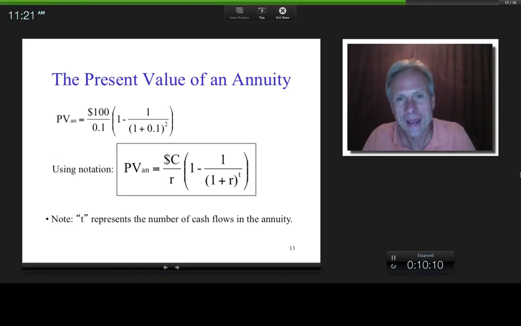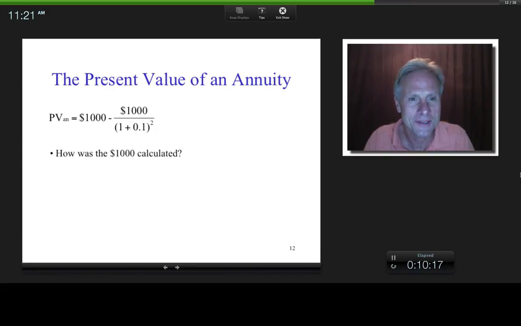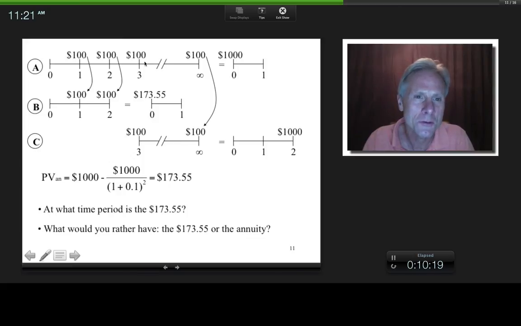Now, how are you going to convince yourself of that? Well, what you could do, let me go back a couple of slides. What you could do is take this line right here, and this would be a really good exercise for you to do, just to really solidify your understanding of this. Break this line up at time period 3, and then go through this whole derivation again.